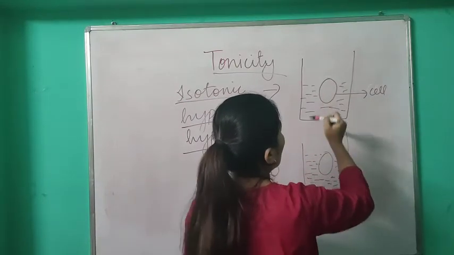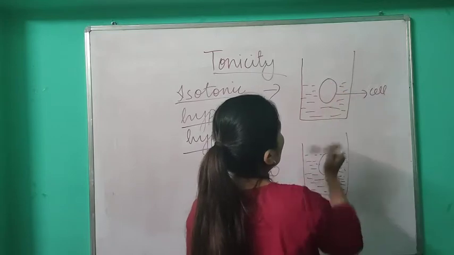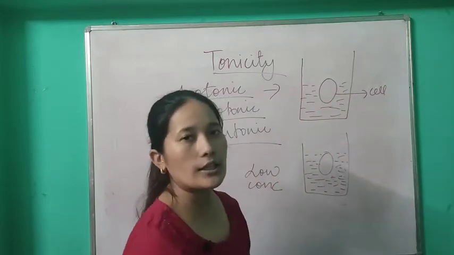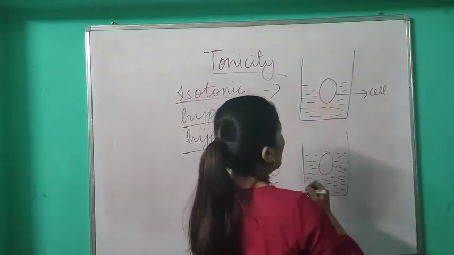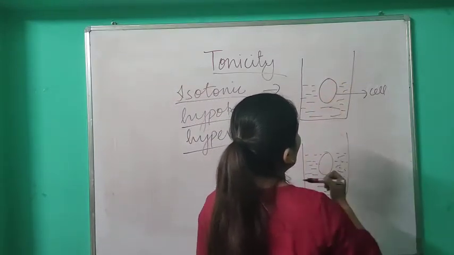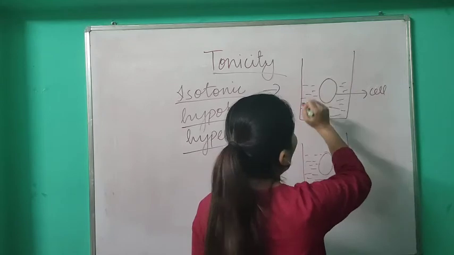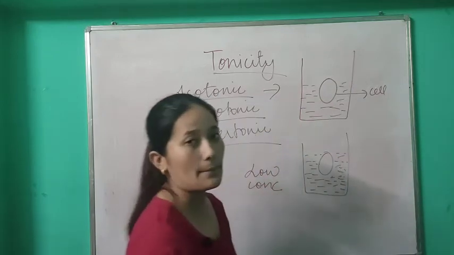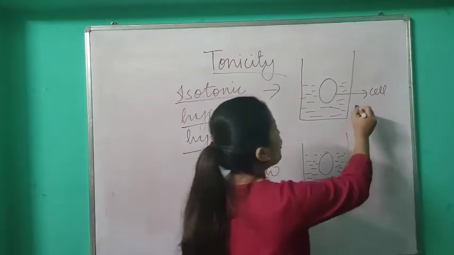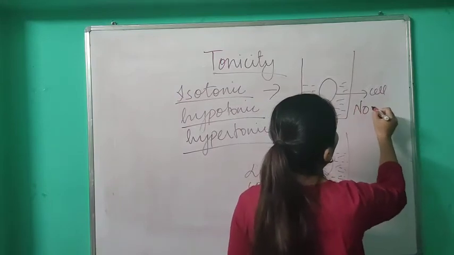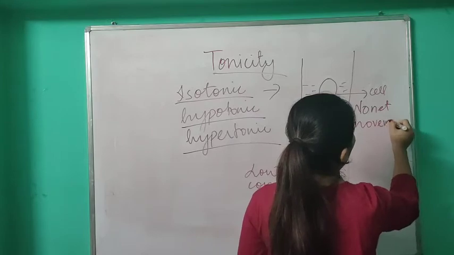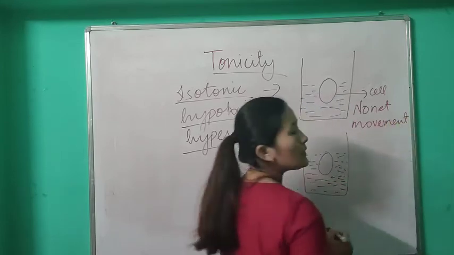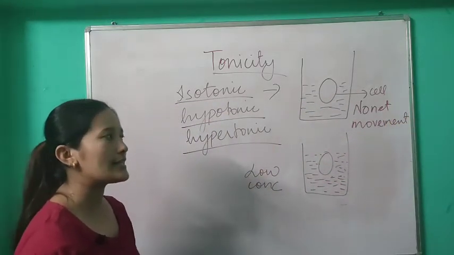Now in case of isotonic, let us take an example. You have a cell here, and the outside environment containing a solution. In this case, the concentration of solute inside and outside will be the same, because of which no net movement of water is going to take place, because the concentration is similar both outside the cell and inside the cell.